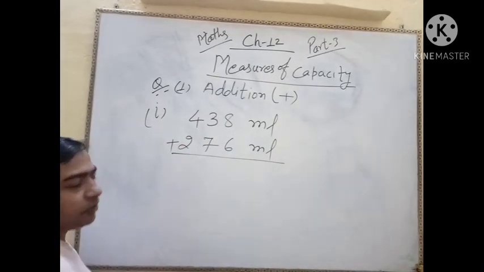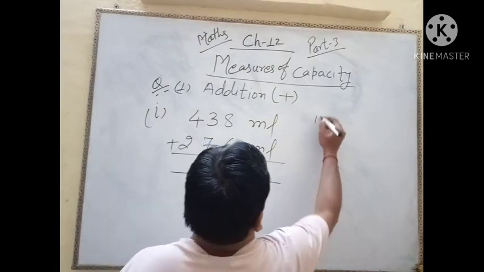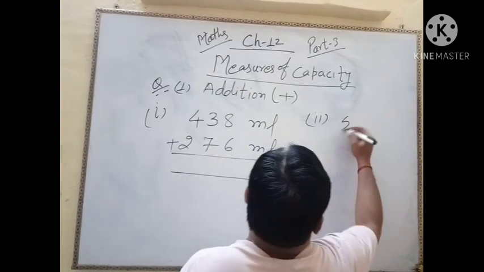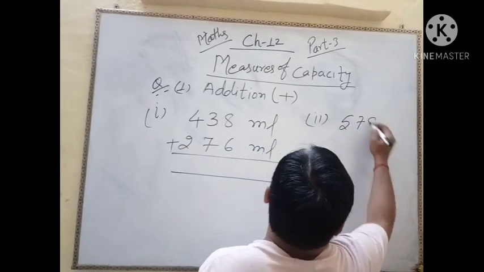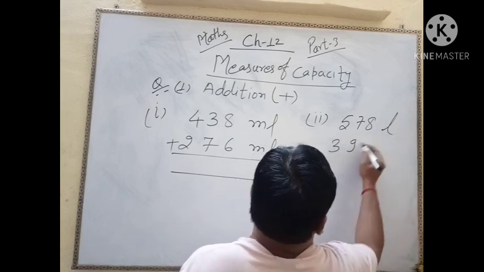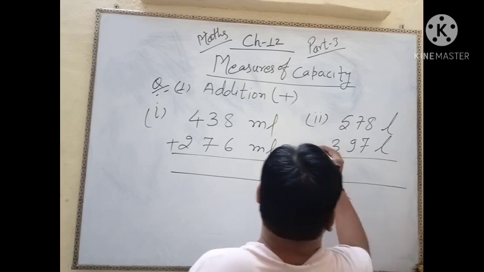This is the first question. Now come to the second question. Second question is 578 liter plus 397 liter. This is your second question.